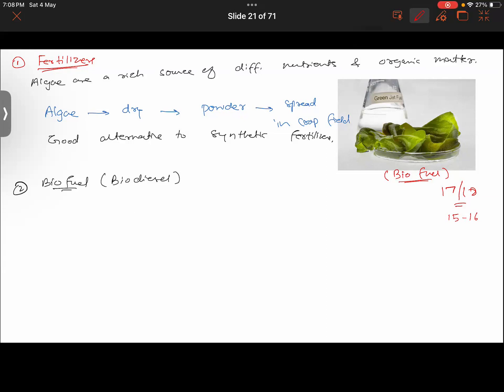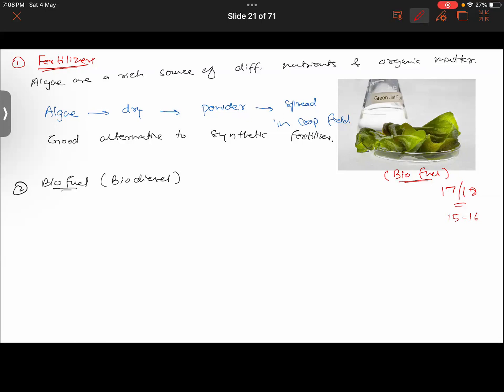For example, you can use maize, you can use other products from the farmland that will not be thrown up, that is rotten or that is infected. So we can use the rotten materials from the farm, like maize. Along with maize, you would be taking up this algae as the waste material.